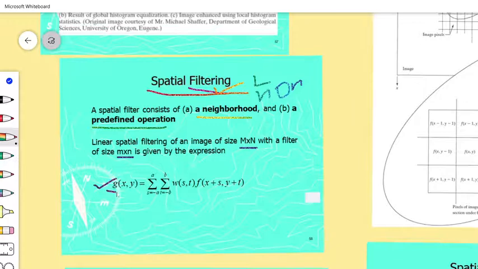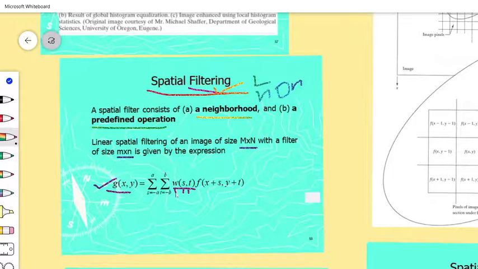The output g of x,y, the neighborhood pixel value, is defined with the expression sum over s equal to minus a to a, t equal to minus b to b, w of s,t, where s and t are the pixel values for the output image, and x and y represent the input image pixel values.